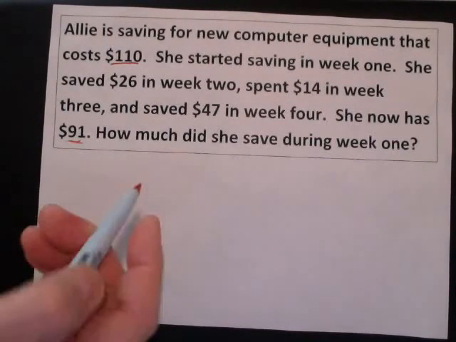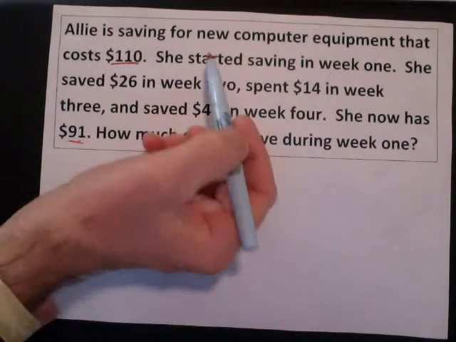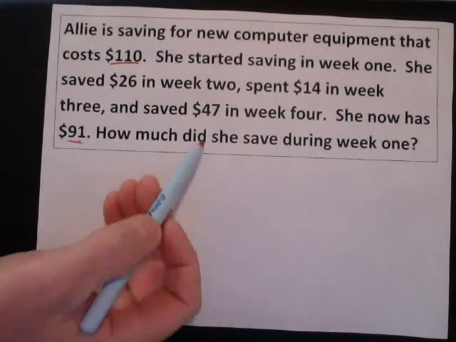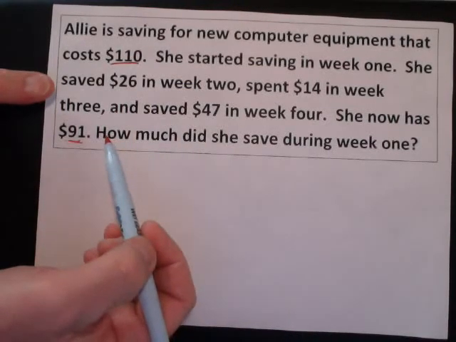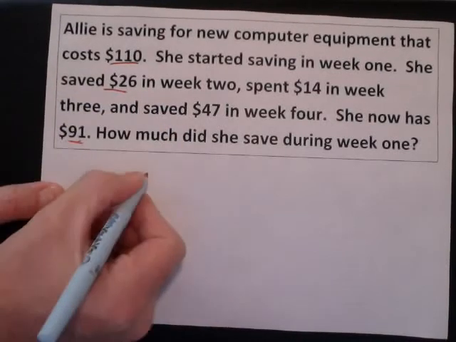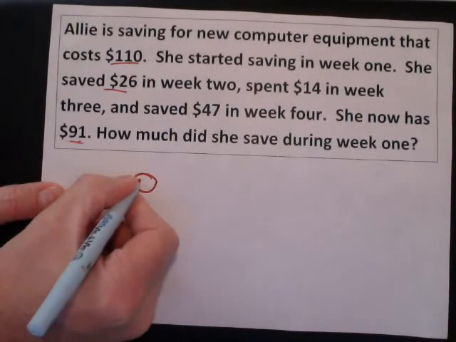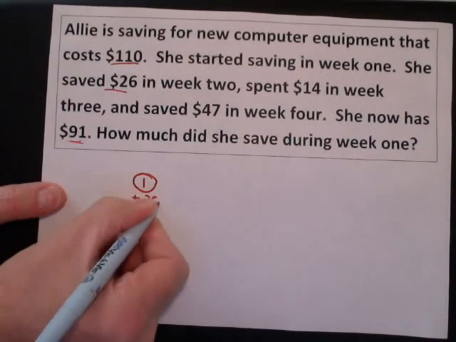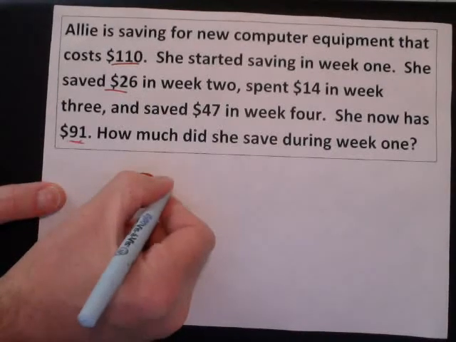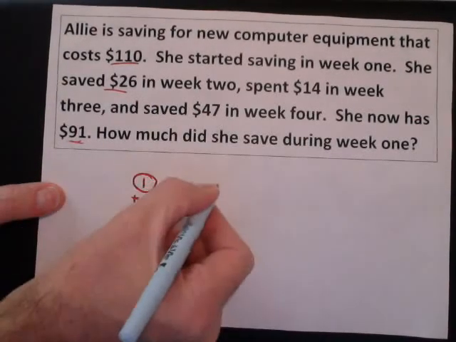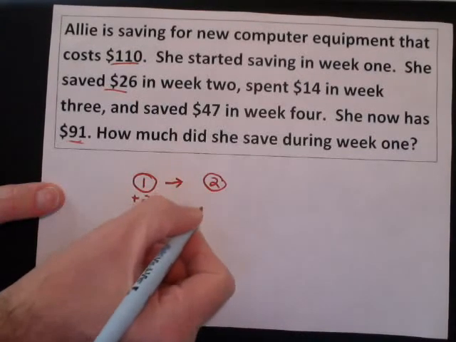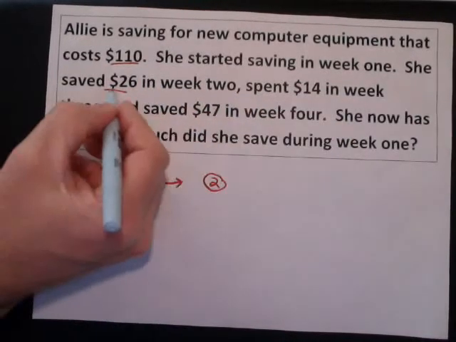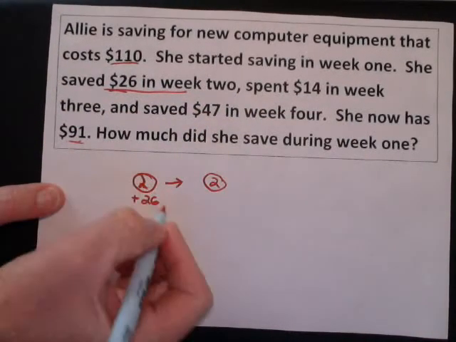So we can start thinking in terms of positive and negative. She started saving in week 1. So in week 1 is where she began to save her money. She saved $26 in week 2, which was a positive amount.